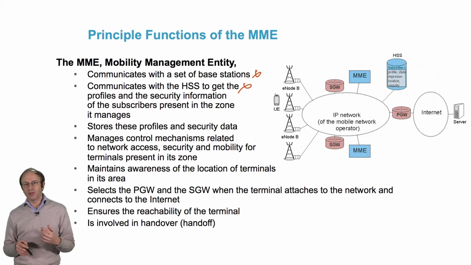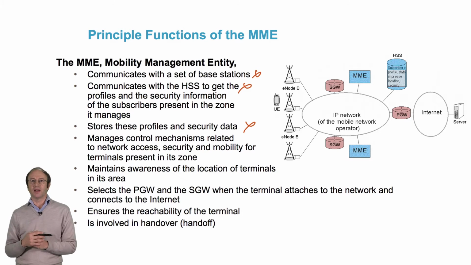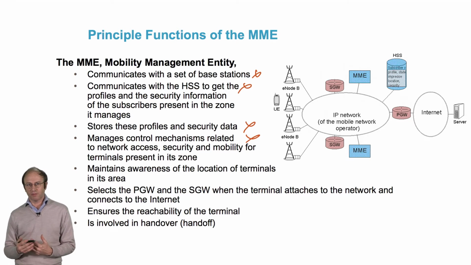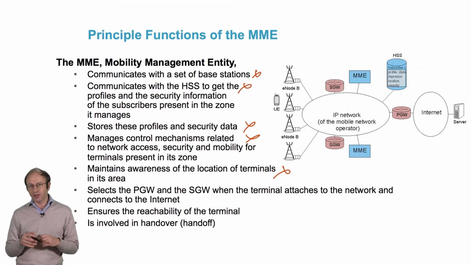The MME stores this profile and security data. It manages the control mechanisms related to network access, security, and mobility for terminals present in its zone. It also maintains an awareness of the location of the terminals in its area, but in a relatively imprecise way.